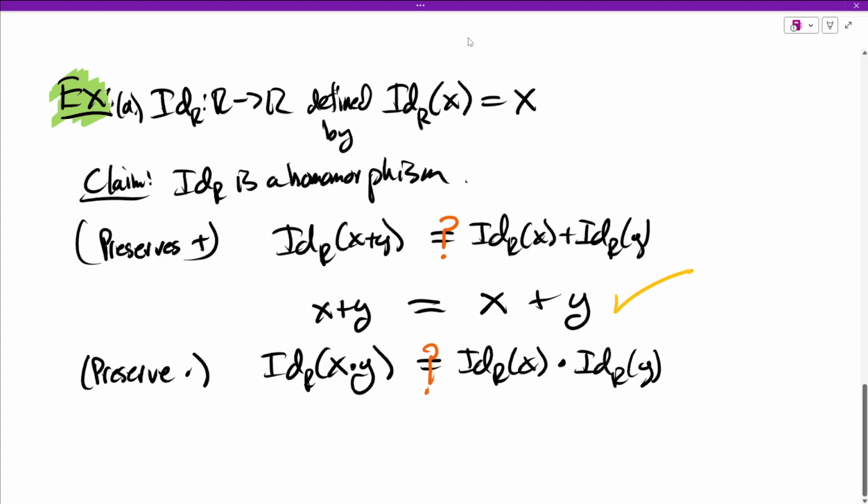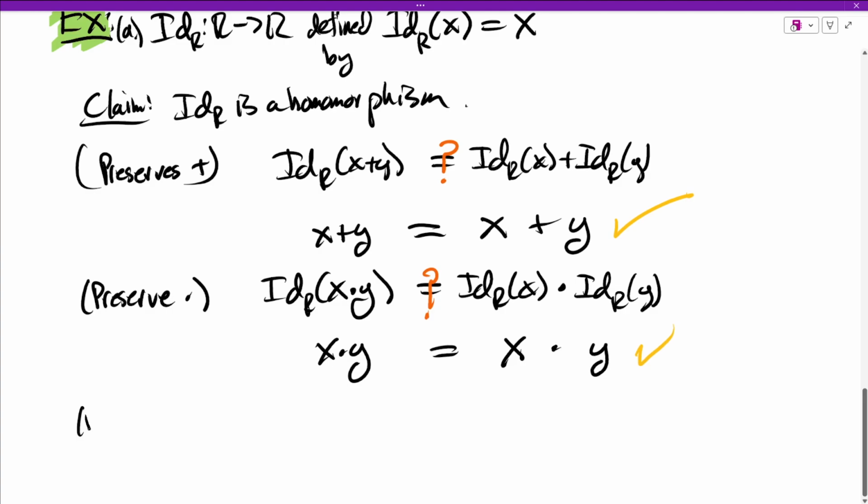We have to compute both sides and check and see if they're the same. Well, the identity spits out whatever you plug in. So the left-hand side is x times y, and the right-hand side is x times y. So are they equal? Yeah, they're equal. Fantastic. And now we have to check the last condition, that it preserves unity.